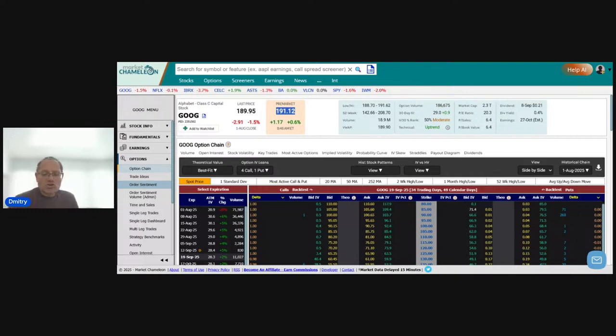And the 30-day constant maturity at the monies, right? So we're looking at the at the money implied volatilities, so the strikes that are around where the stock price is. Okay. The VIX calculates it a little bit differently. They try to do a weighted average between all the strikes.